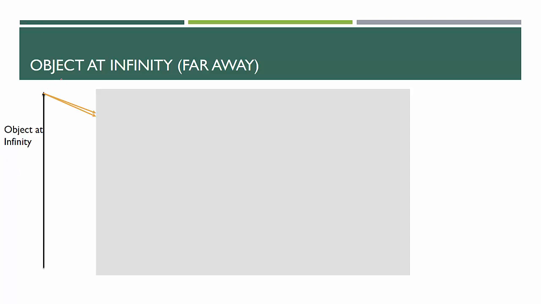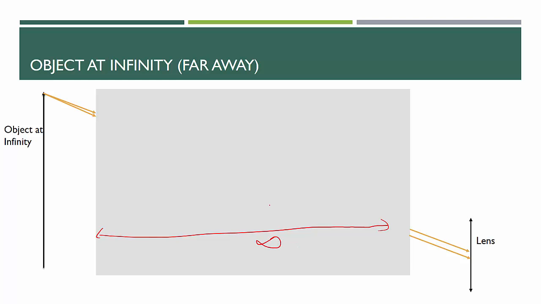And after passing through a huge distance, you find that the light rays will be considered to be parallel, because it's so far away when it strikes the lens. So this is a very huge distance. Okay, this is considered to be infinite in terms of the distance. So the key point is that light rays from infinity or very, very far away are assumed to be parallel to each other when they strike the lens.